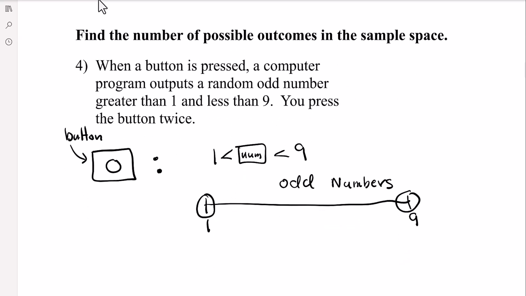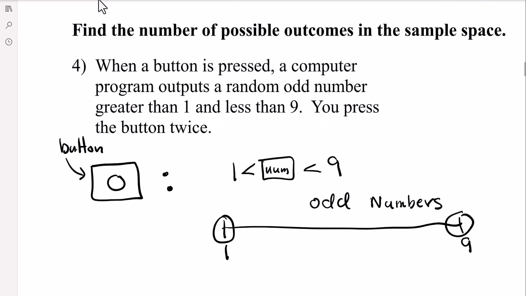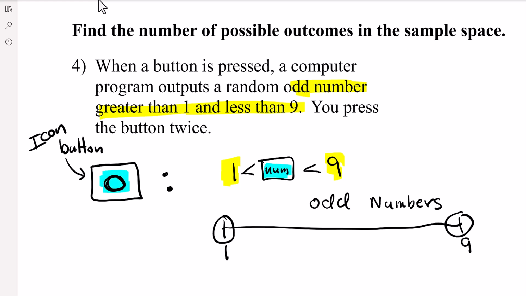All right, so here's a good visual one. When a button is pressed on a computer program, and my guess is this is just an icon button, not an actual button, you press a button in your computer software, and the odd numbers, you're going to get a number that is less than 9 but greater than 1.